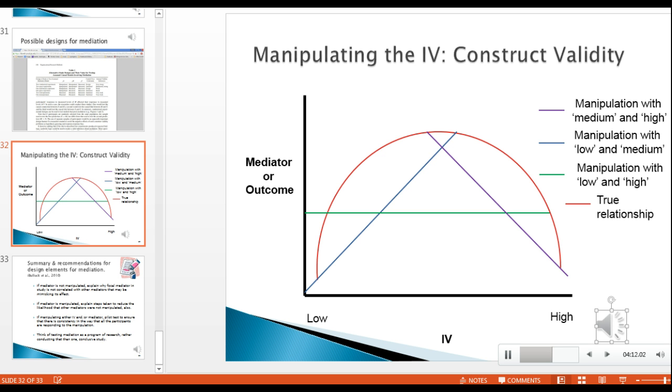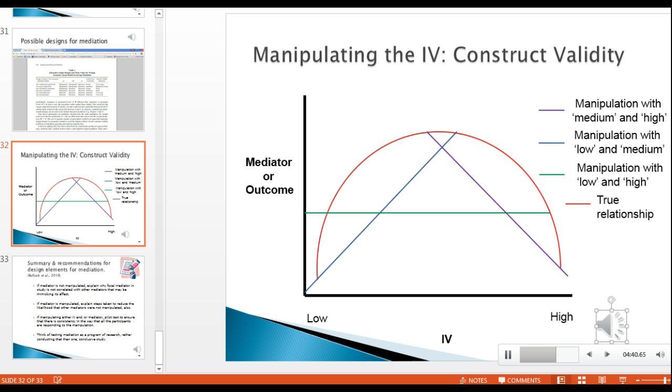We would have data points only in that area, moderate and high, and we would make a wrong conclusion yet again. The only way that we can make a correct conclusion is if we sampled low stress, moderate stress, and then high stress. That is really important to keep in mind for any kind of experiment that we're doing.